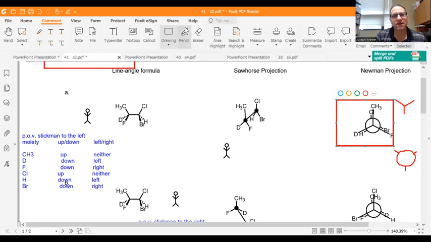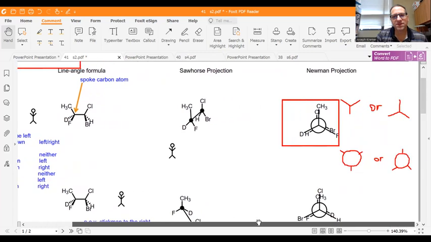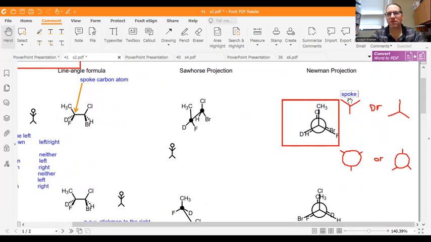And you'll find that the atom closest to you is given on a type of carbon atom called, drum roll, a spoke carbon. Not a junction, not a vertex, not an endpoint, but a spoke carbon atom. And the spoke can be in the shape of a Y or an inverted Y. There's two kinds of chances for a spoke.